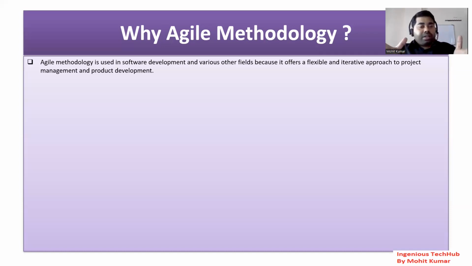We have a sprint. Here you can see I have iteration. We have an iterative approach to project management. What is this iterative approach? One sprint means we have one complete task and the complete process to deliver that.